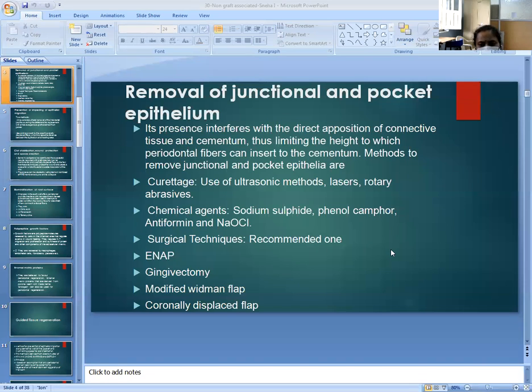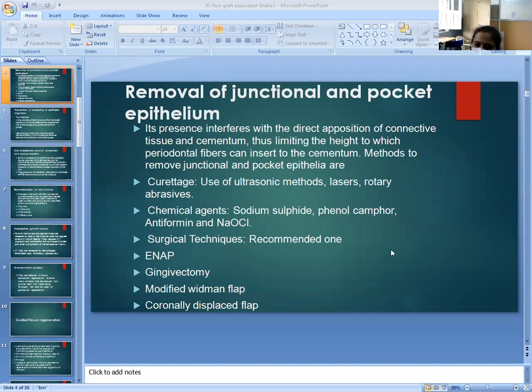They don't get time as well as space, because the area is populated by epithelium, and long junctional epithelium takes place. This long junctional epithelium is not a desirable outcome.